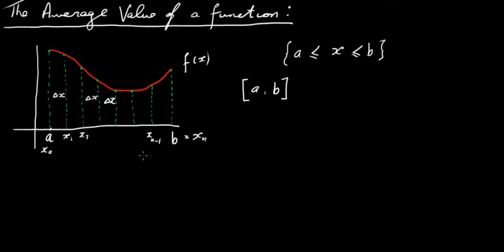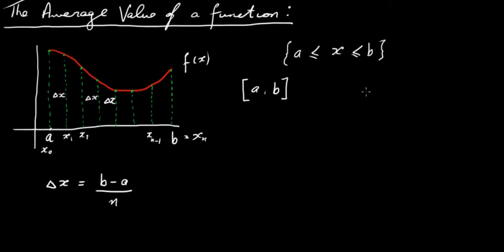So that would mean then that delta x, the width of each of those segments, is just going to be equal to b minus a over n.